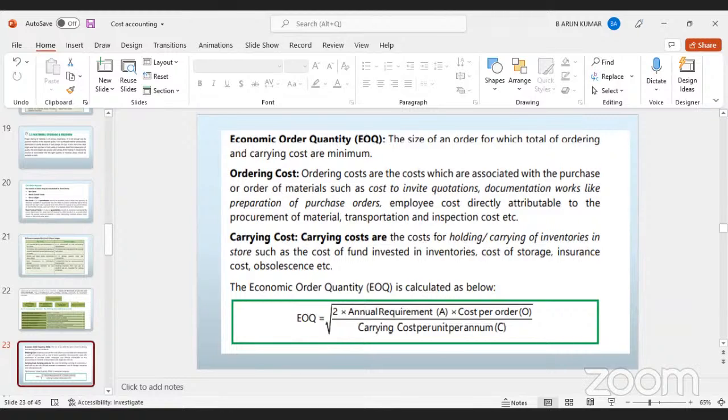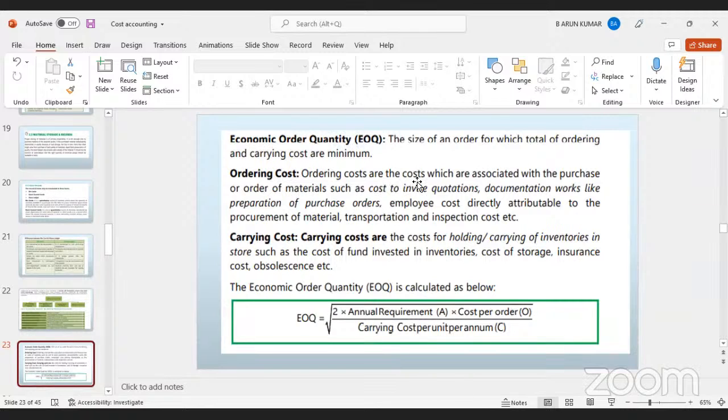If we purchase 1 lakh quantity of goods, we use the total space of that vehicle. But if we order only 50,000 quantity of goods, we are losing the unused space. So this is the ordering cost, and that is the carrying cost.